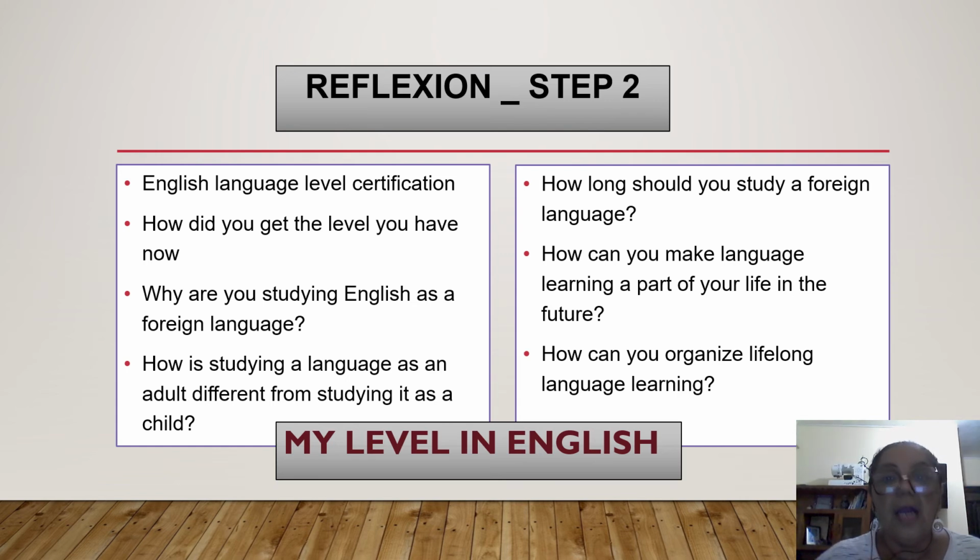How did you get the level you have now? I think the level I have now, I have acquired in the little space I have to practice, given that my working time and my other occupation are very absorbing. I wish I could have more time to improve speaking fluency and listening skills.